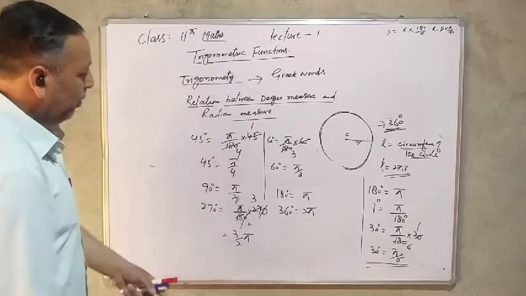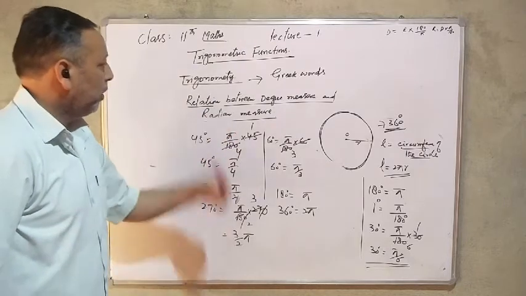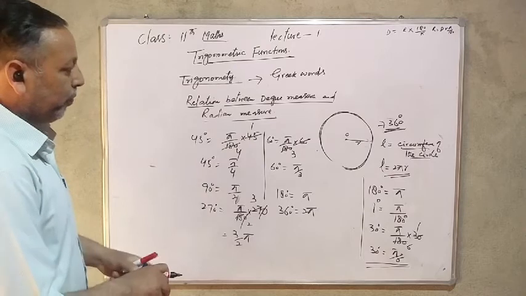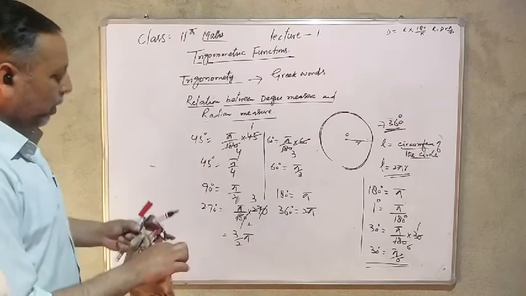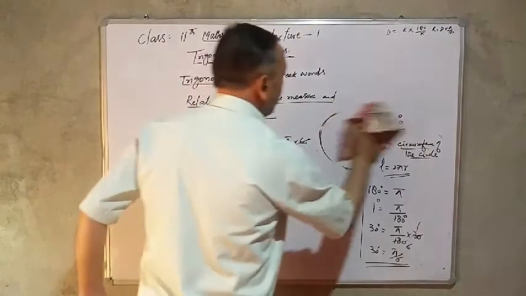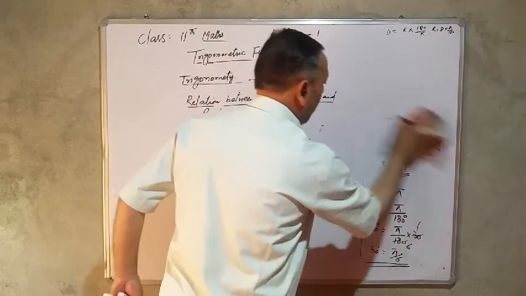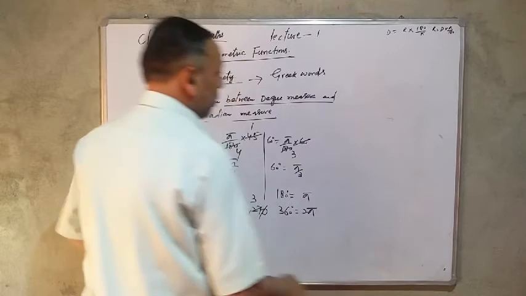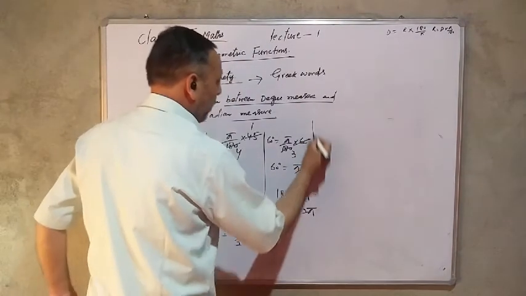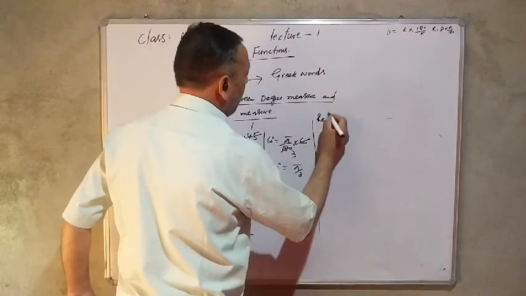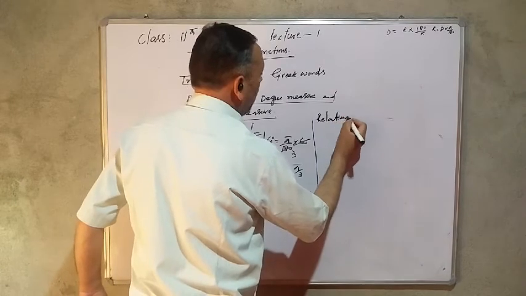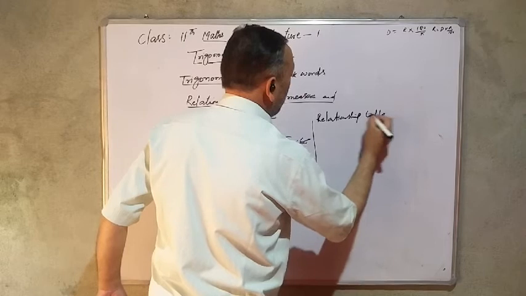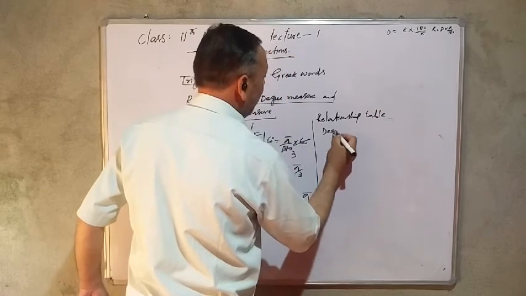This is the relation between degree measure and radian measure. Let us put all this in a table. Pause the video and note it down, that we put this thing into a table, which is known as the relationship table. Here we have degree.